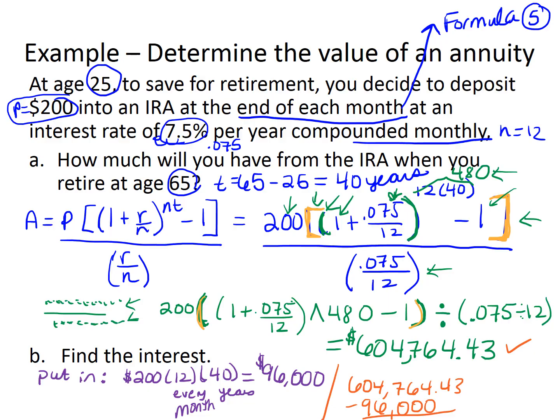That is 508,764.43. And it didn't tell us where to round. You could potentially round to the nearest dollar or something like that, but I don't see it indicated. But it will tell you in MyLabs Plus how to round.